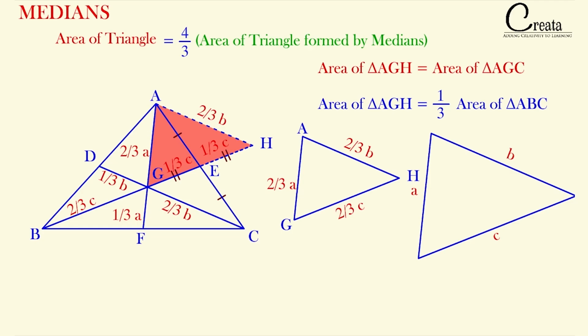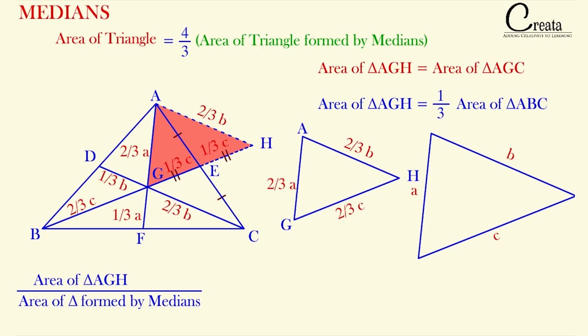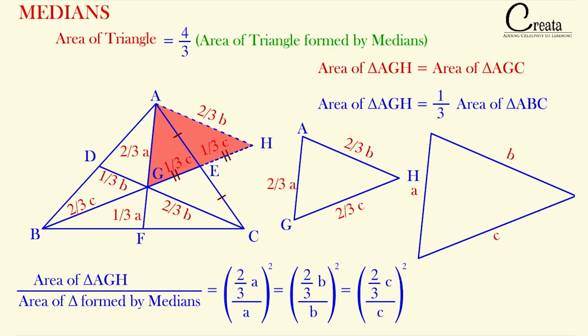So can we say area of triangle AGH upon area of the triangle formed by the medians is equal to (2/3 a) upon a whole square, which is further equal to (2/3 b) upon b whole square, which is further equal to (2/3 c) upon c whole square. That is, area of triangle AGH upon area of triangle formed by the medians is equal to (2/3) whole square.